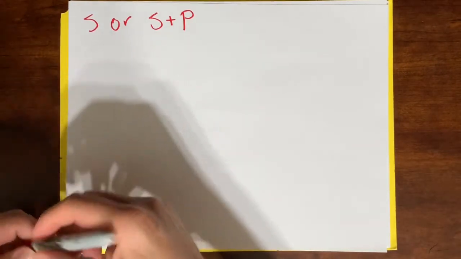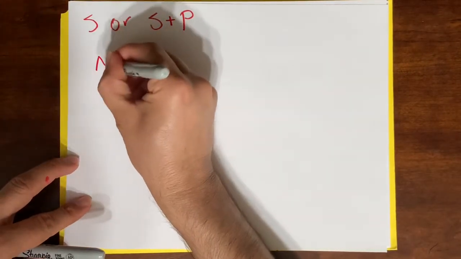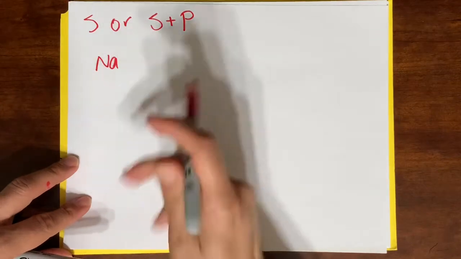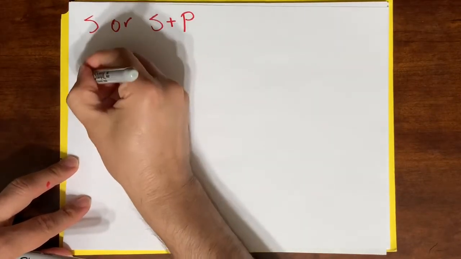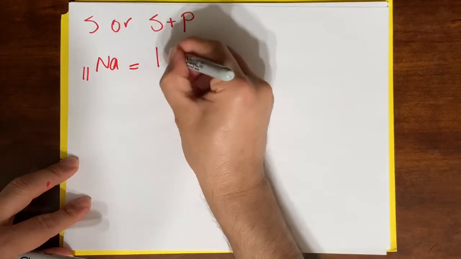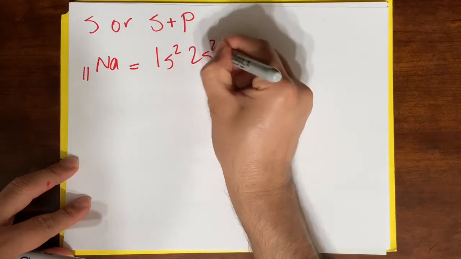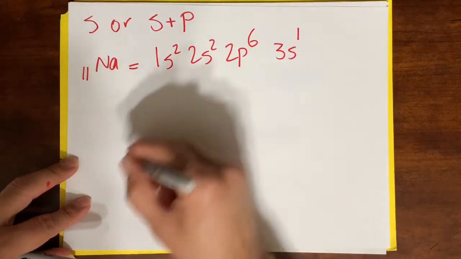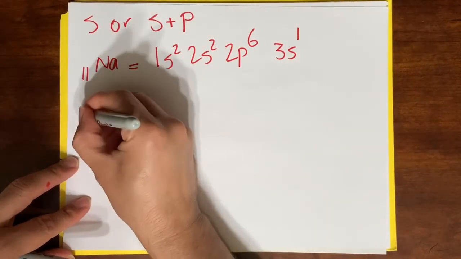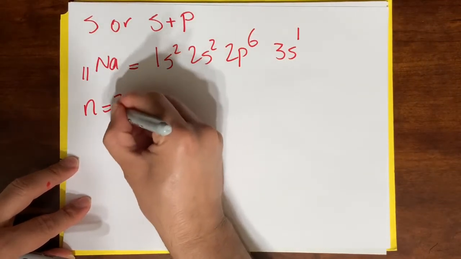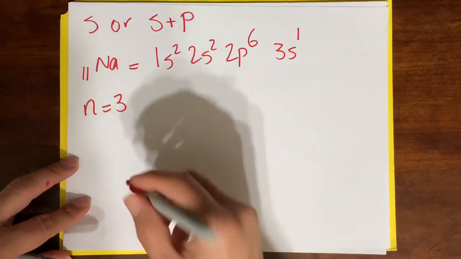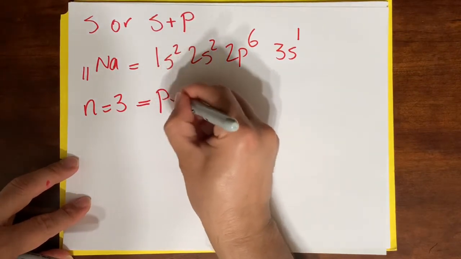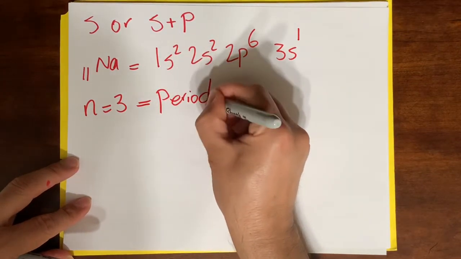For example, for sodium we said 1s2, 2s2, 2p6, then 3s1. The highest n in this case is equal to 3.